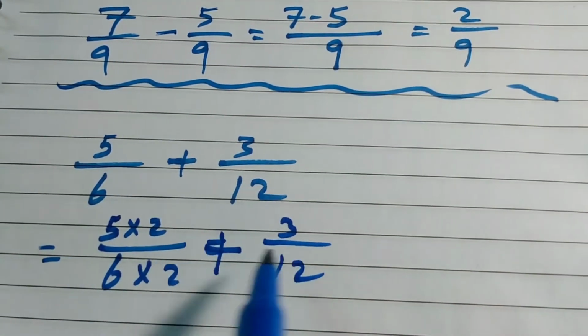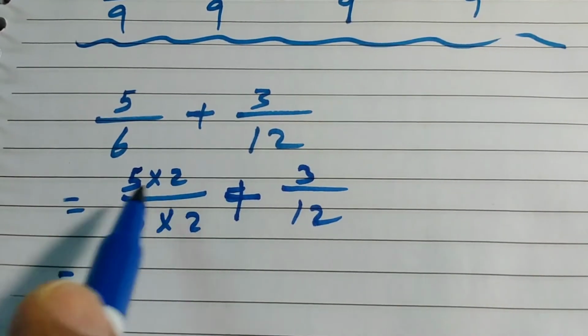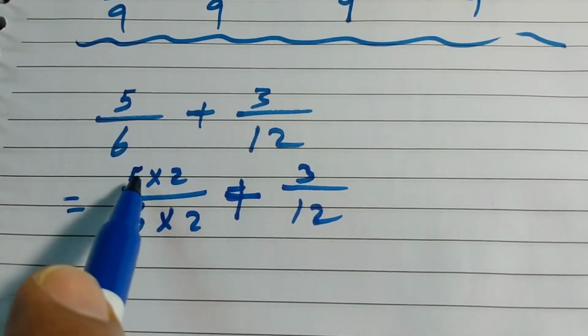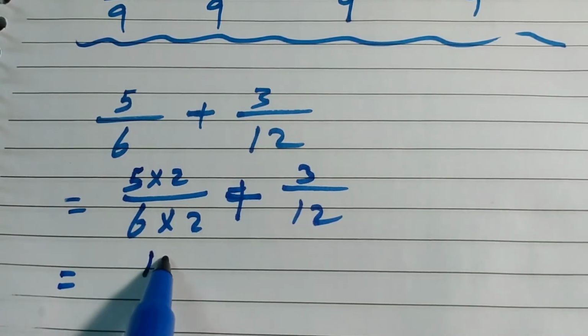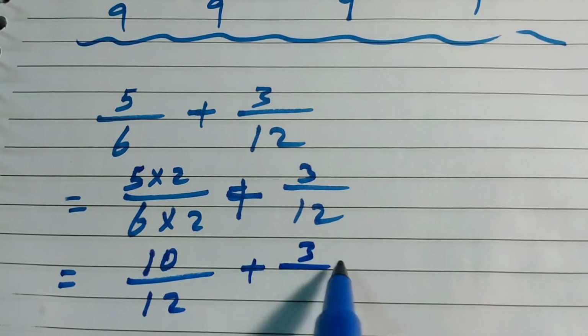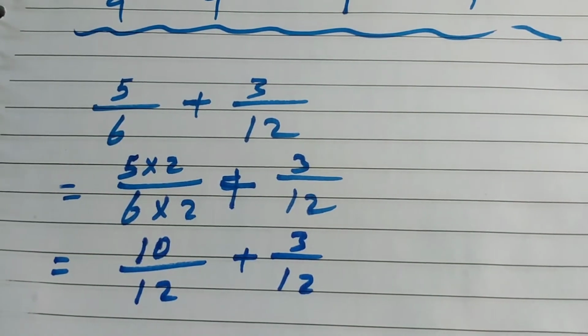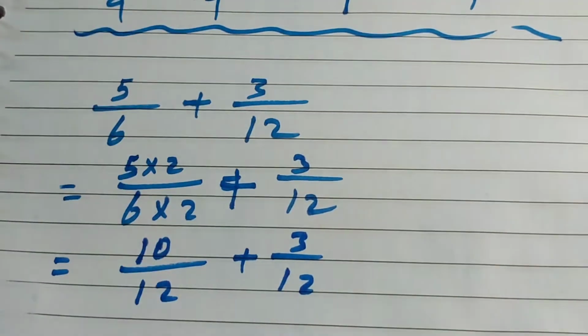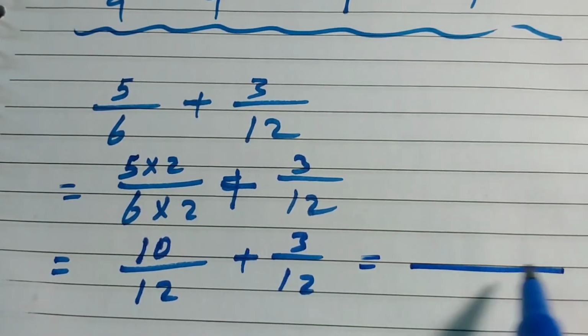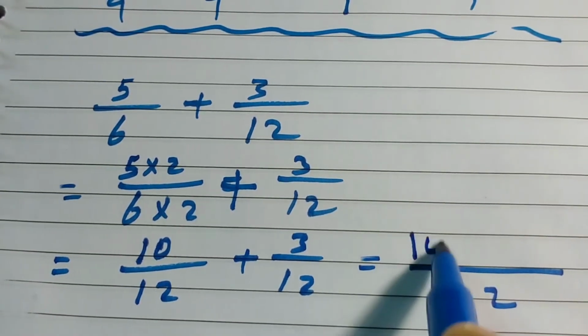This fraction stays the same. I only change this fraction, because I just want to make the denominator the same. 5 times 2 is 10, 6 times 2 is 12, plus 3 over 12. Look, the denominator is the same. So we can use the same method. We write the same denominator and do the same operation with the numerators.